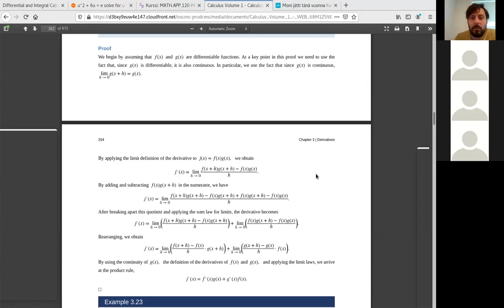Well, we do this, we both add f at x. So this term here, it's both added and subtracted here. So we take f of x times g of x plus h. We both add and subtract it, and then rearrange.